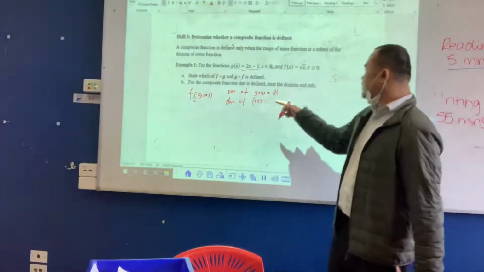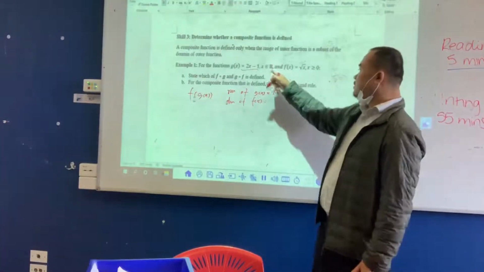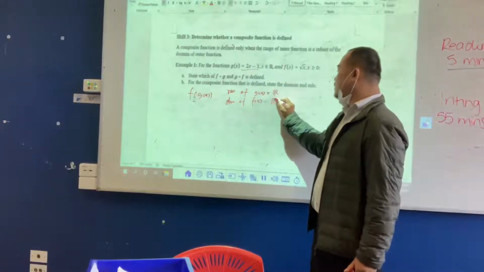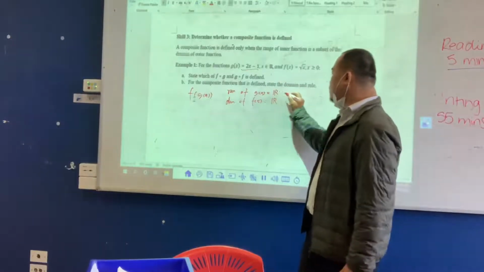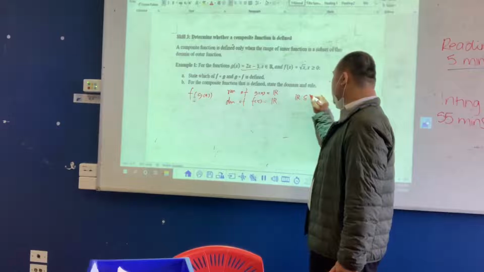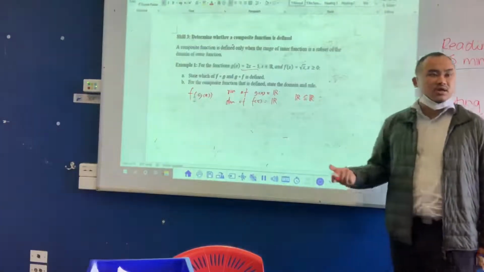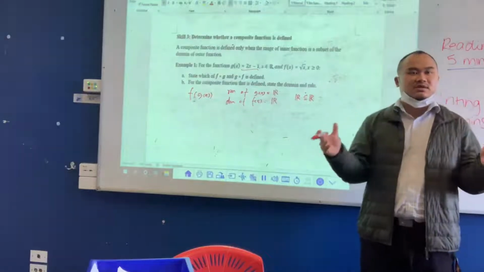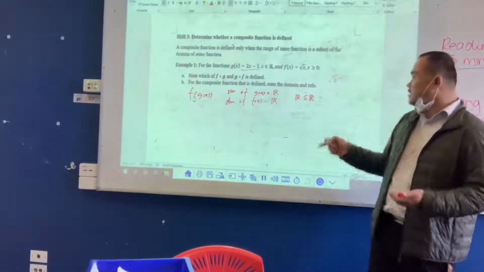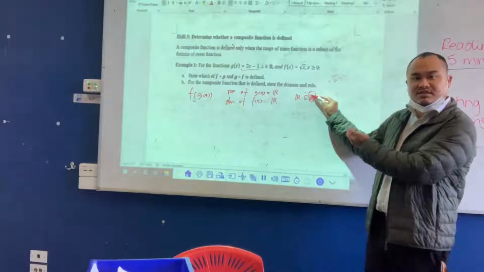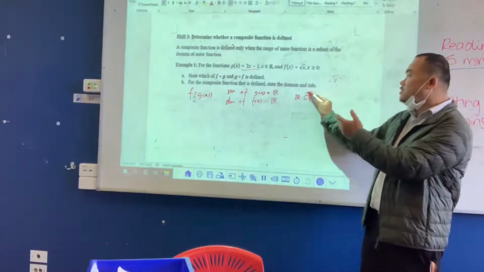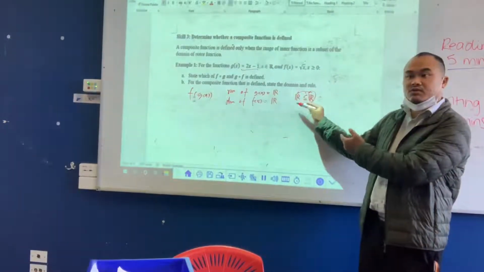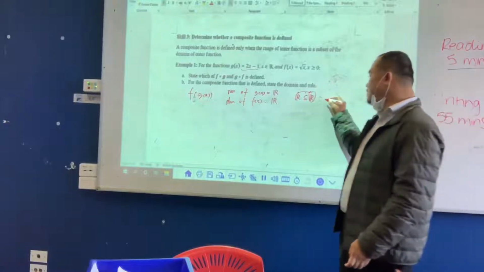What's the domain of f(x)? All real numbers, okay? So whether this one is a subset of this one. Yeah, it is, right? When they are equal, it's the largest subset. It's a subset because this interval includes all the elements in this interval. So which means it's defined.